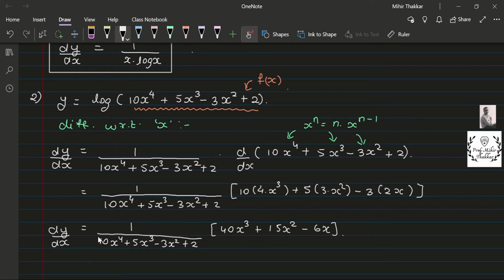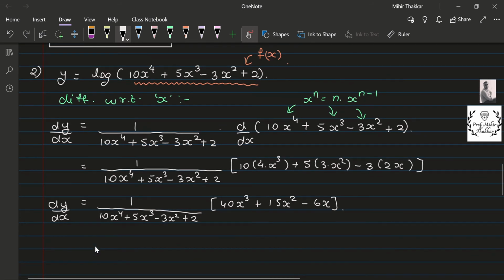In case you want to simplify this more, the only thing that we can do is take out x common from all the terms in the numerator.